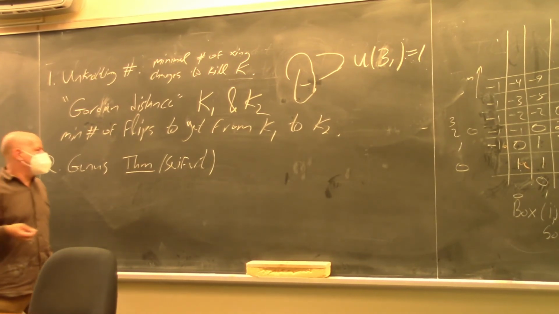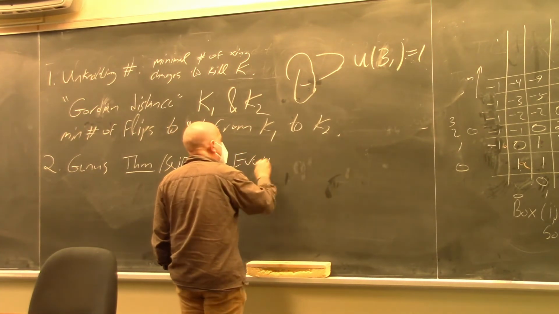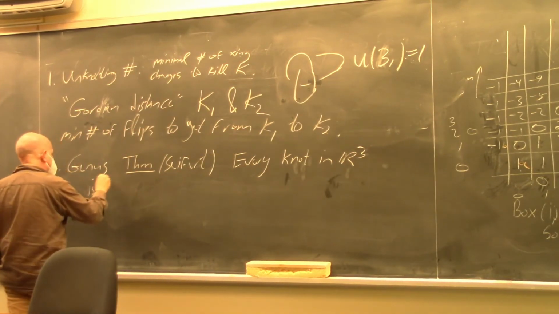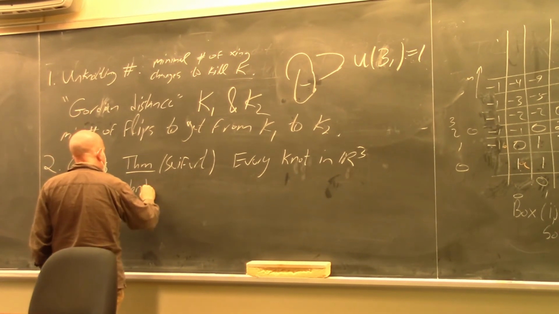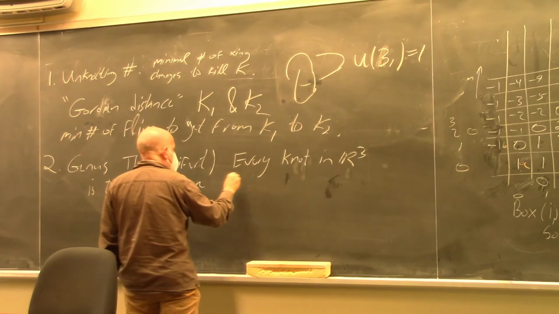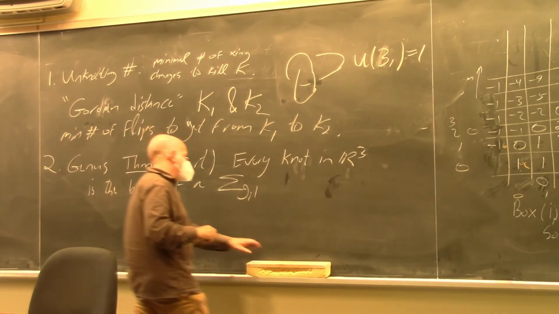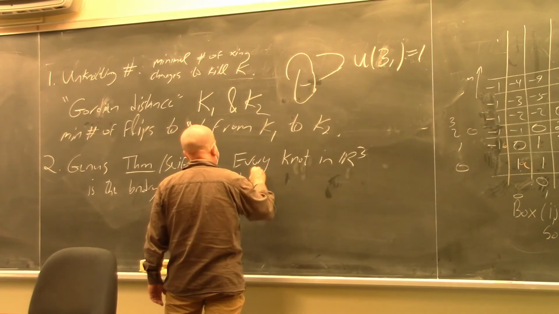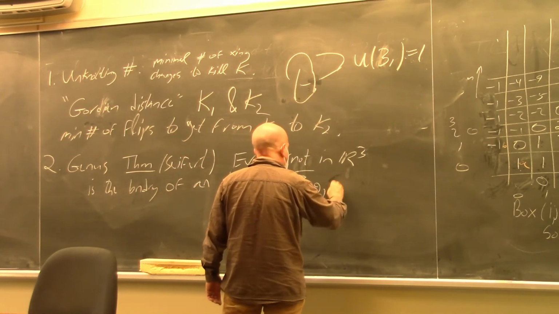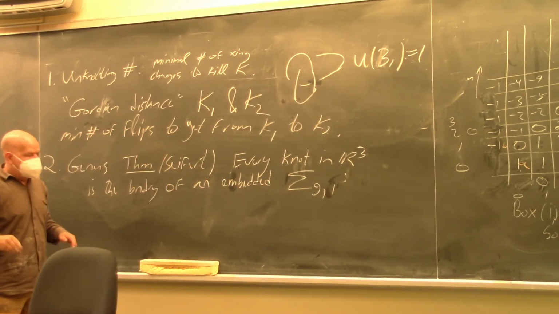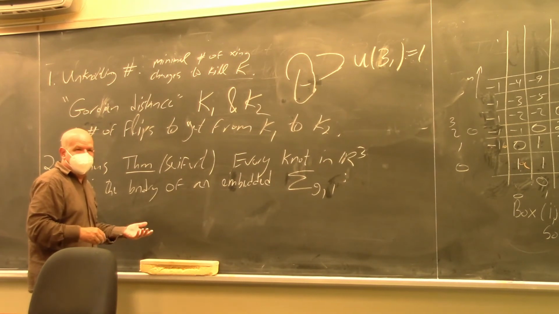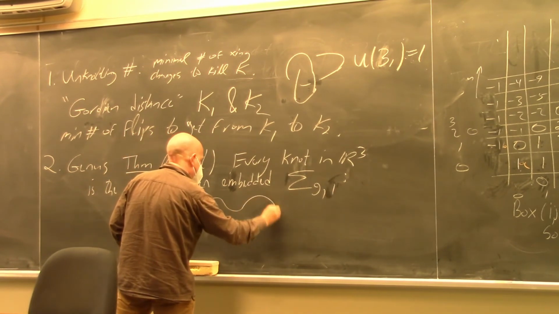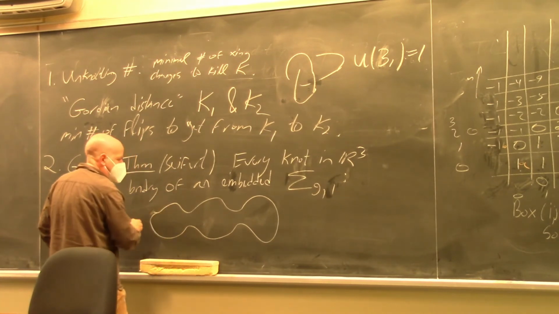So a theorem by Seifert is that every knot in R3 is the boundary of an embedded Sigma_{g,1}, where what is Sigma_{g,1}? Sigma_{g,1} is the genus g surface with one boundary component.